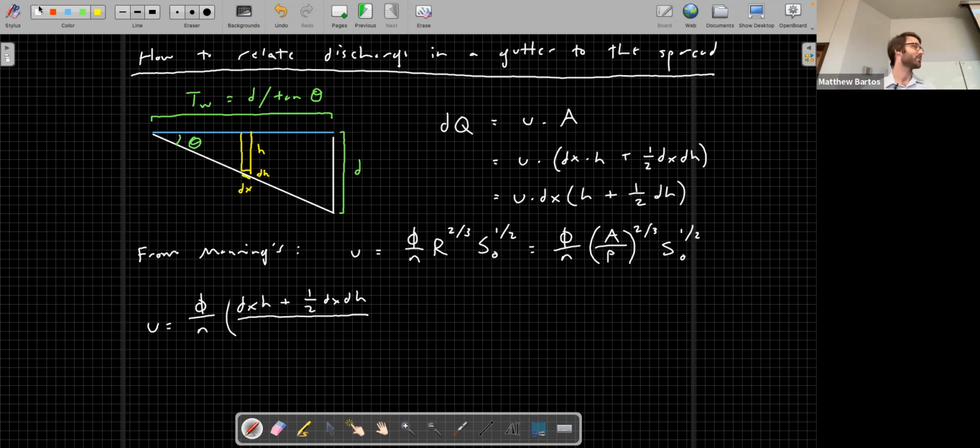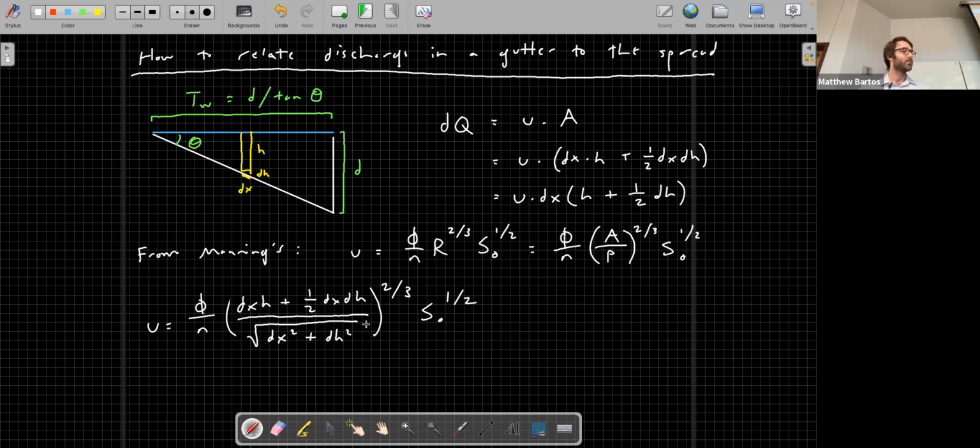So we can get the wetted perimeter as square root of what? Yeah, dx squared plus dh squared. And this is all to the 2/3 power times bottom slope to the 1/2 power.